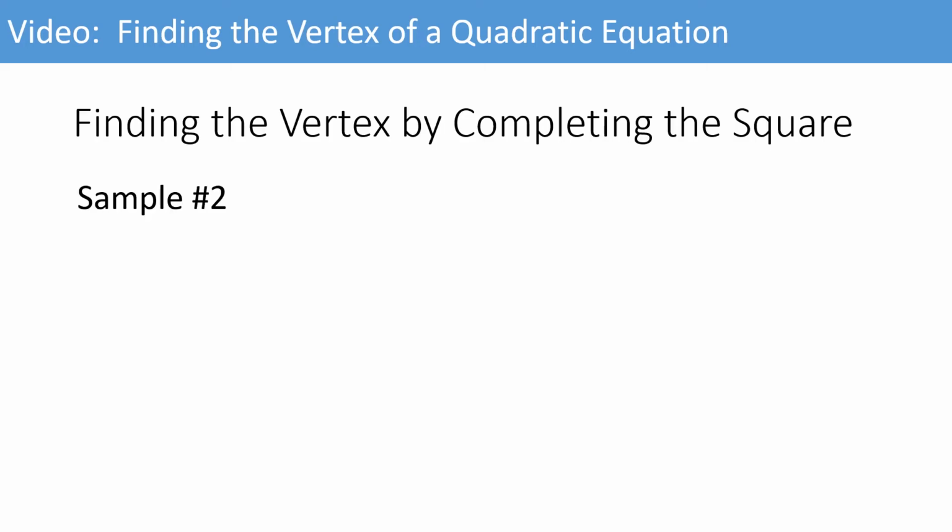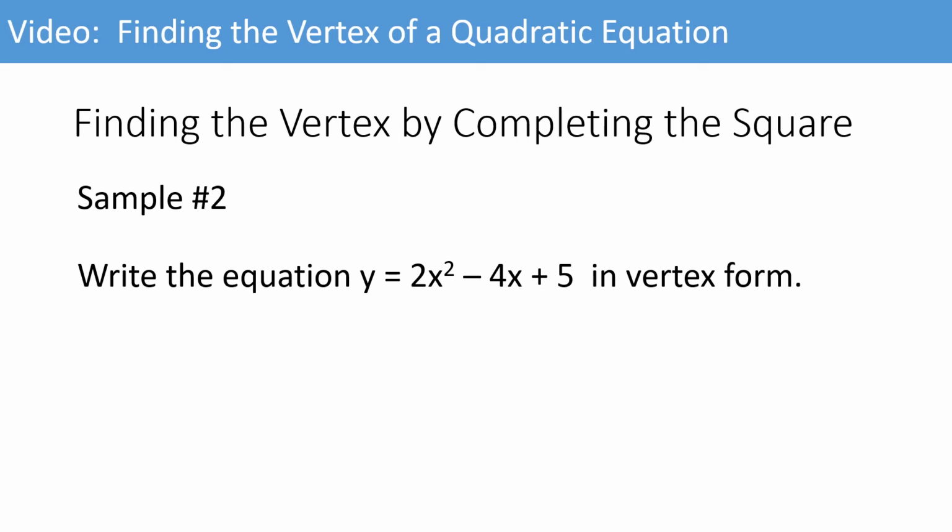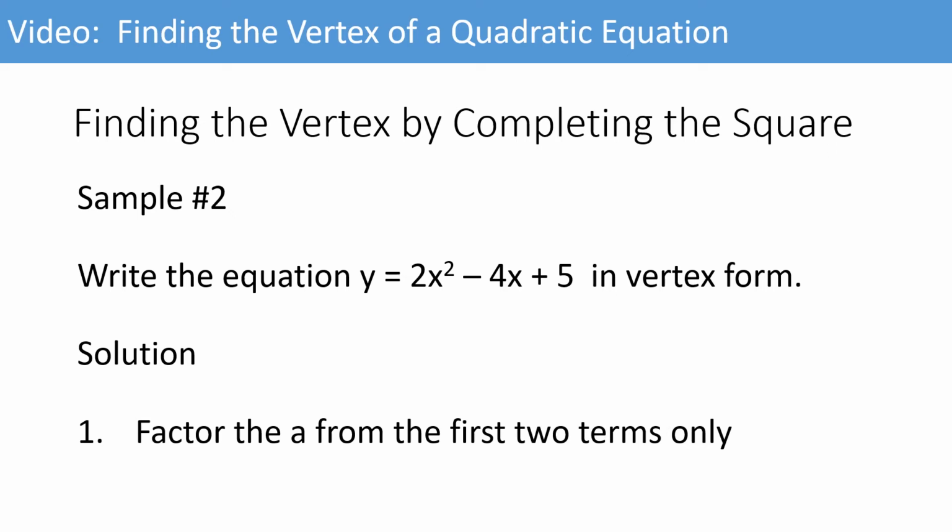Try this example. Write the equation 2x squared minus 4x plus 5 in vertex form. Solution? Same steps. Factor the a value from the first two terms only.